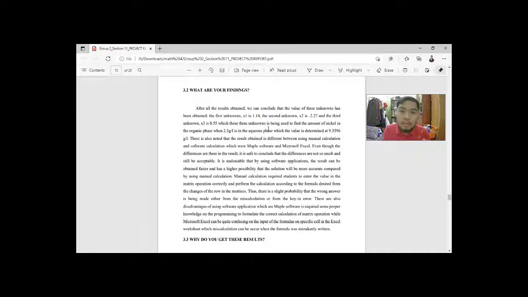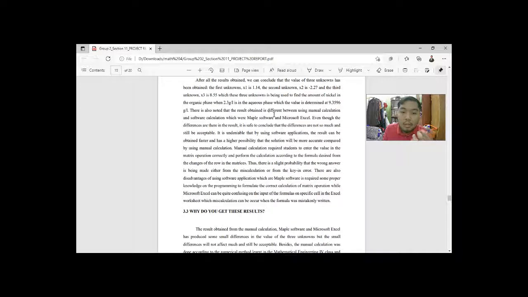With these unknowns, we can find the amount of nickel, which is determined to be 9.3596 grams per liter.